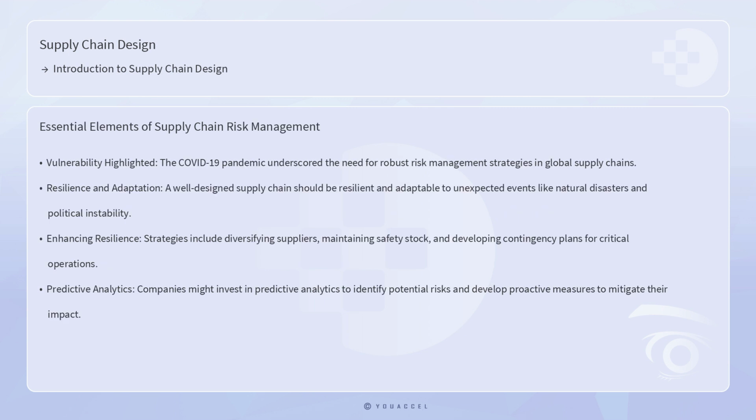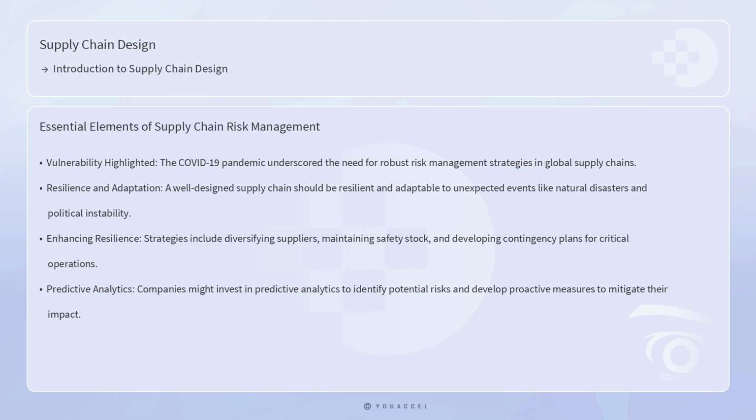Risk management is another essential element of supply chain design. The COVID-19 pandemic highlighted the vulnerability of global supply chains to disruptions, underscoring the need for robust risk management strategies. A well-designed supply chain should be resilient, with the ability to adapt to unexpected events such as natural disasters, political instability, or shifts in consumer demand.